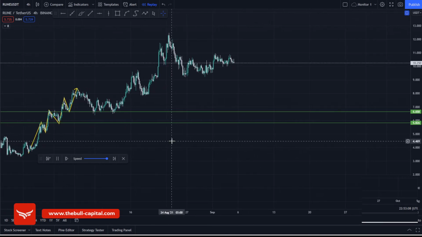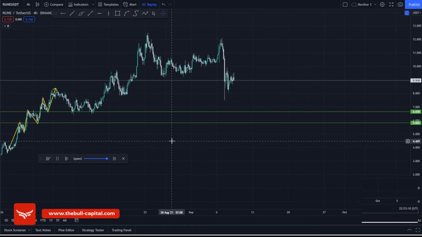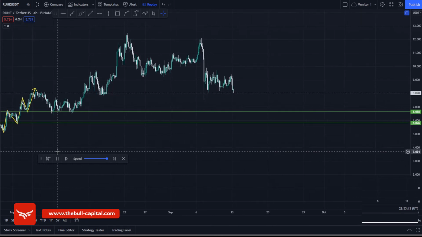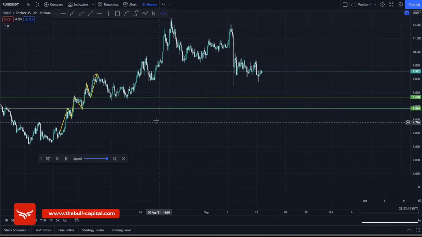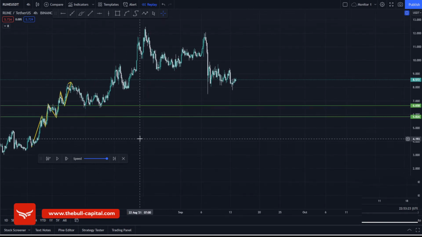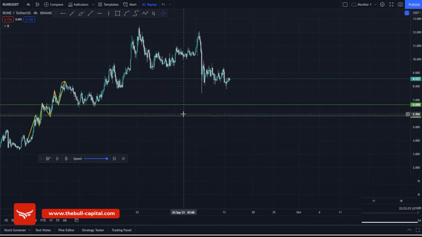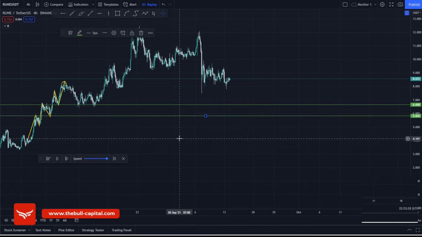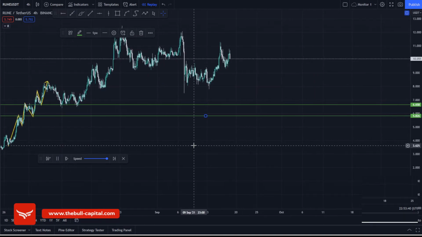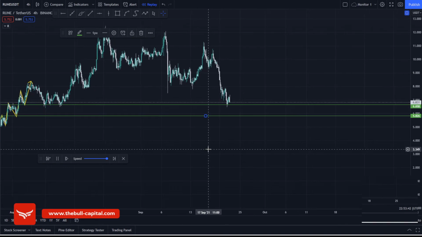So maybe in the future that level won't hold anymore, but this level has been touched only one time. So this lower one has a higher probability that in the future it's going to hold and it might have a strong reaction. So let's see.